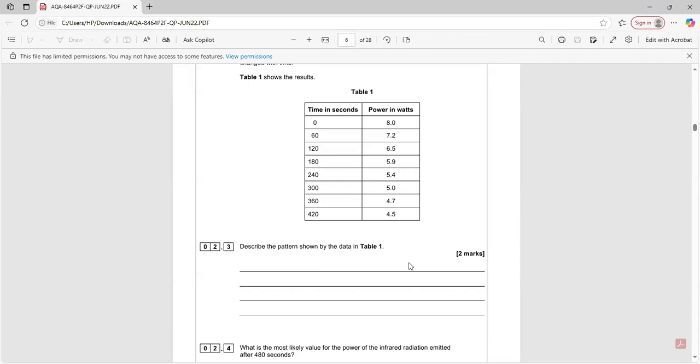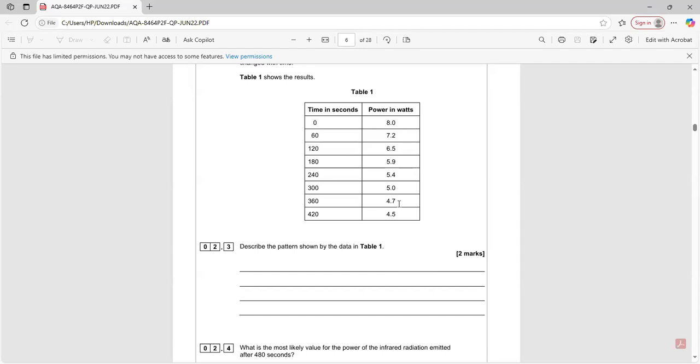As the time in seconds decreases, the power increases. No, the power reduces. So take a look at it very well. It started with 8. It now went to 7.2, further reduced to 6.5, and it kept on reducing like that. Can you see that now? Yes. So it's a reduction, not an increment.